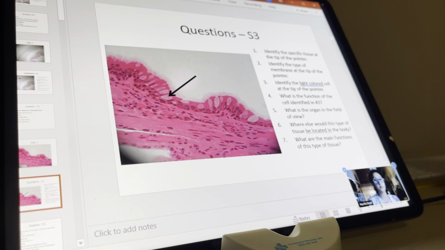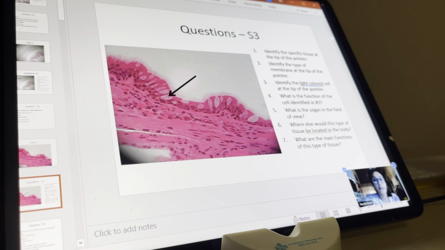So this is where they're talking about epithelial tissue. Yeah, I think Leanne answered in the chat. Oh, okay, there it is. I see it now.